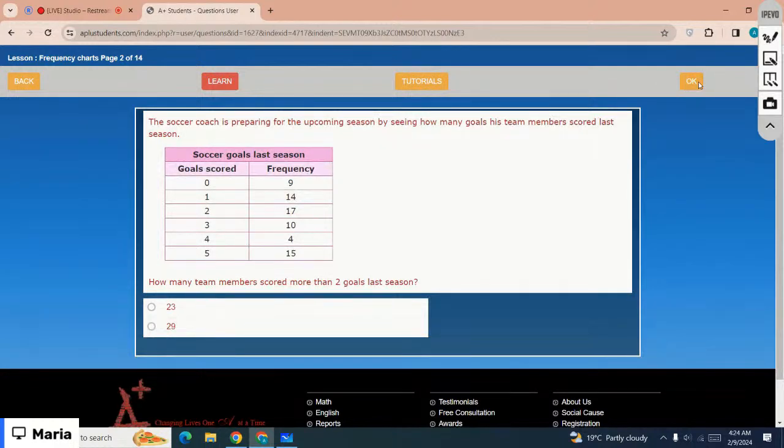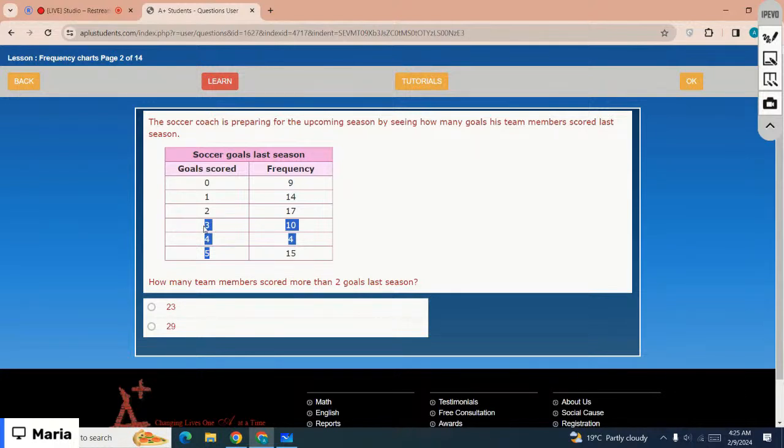The soccer coach is preparing for the upcoming season by seeing how many goals his team members scored last season. How many team members scored more than 2 goals last season? More than 2, you have 3 values here: 3, 4, 5.